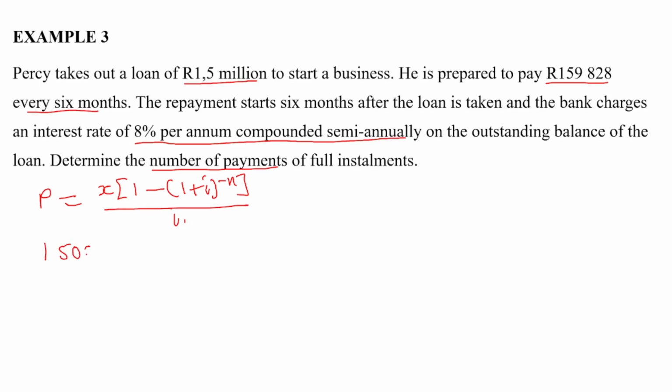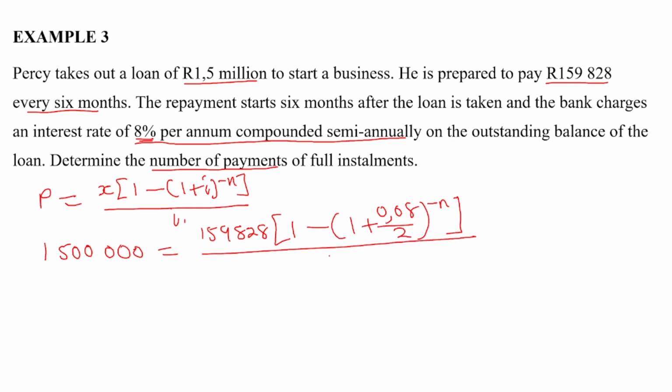P is 1.5 million, is equal to 159,828 times 1 minus 1 plus 0.08, that is 8%, divided by 2 because it's compounded 2 times in a year, to the power negative n. We're finding the number of payments, so let's find n here, over 0.08 over 2.